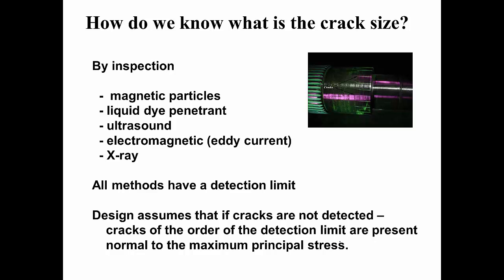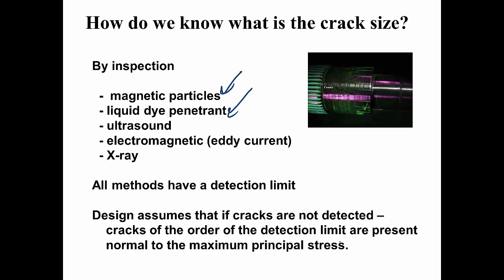There are a number of them, and some are really aimed towards surface cracks. Magnetic particles will align along the crack. Dye penetrant, a liquid that will be absorbed by capillary action into the crack, can give you a visual understanding of where these cracks are.